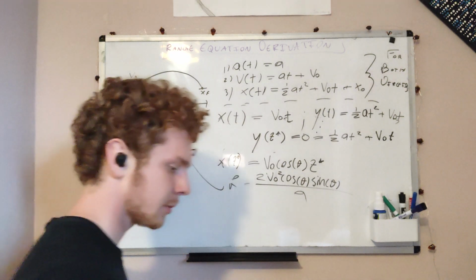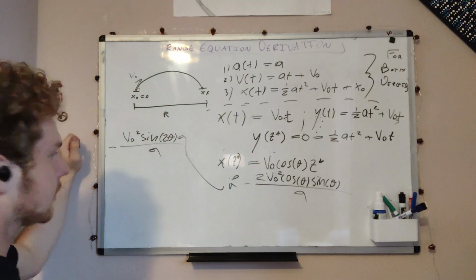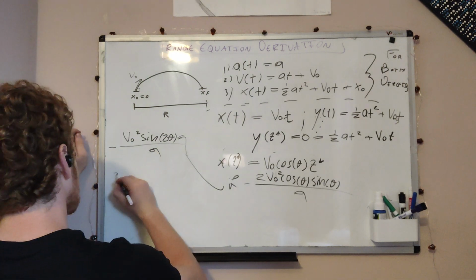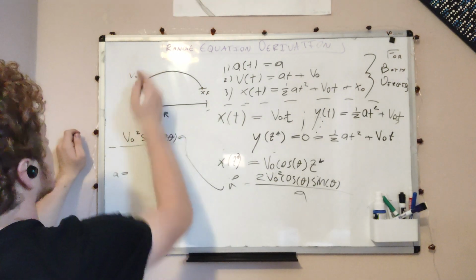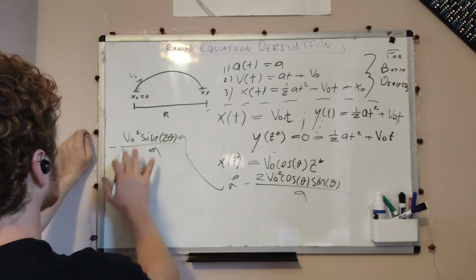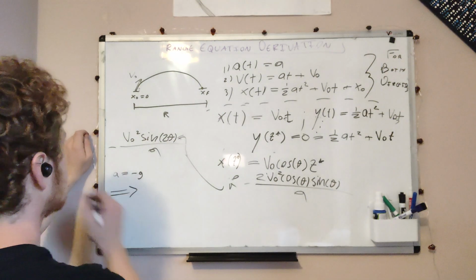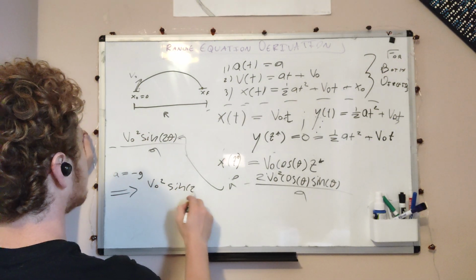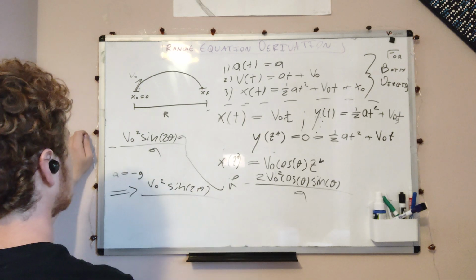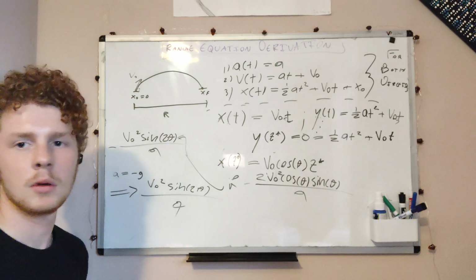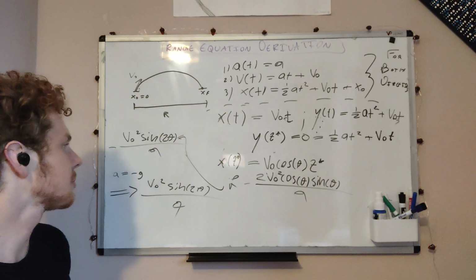But the difference is that we haven't defined acceleration yet. Now, acceleration in this case is negative g. This is on Earth. So you can resolve this to v naught squared sine of 2 theta all over g, which everyone should be used to.